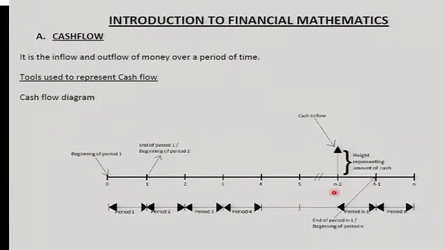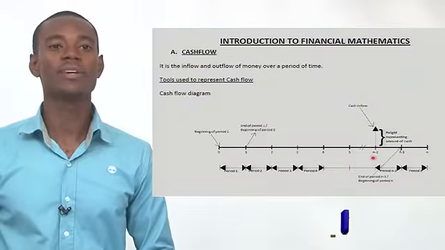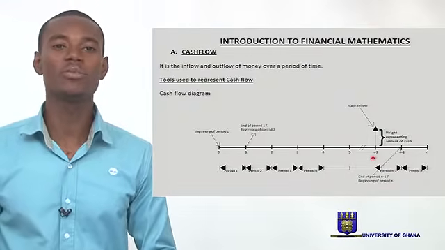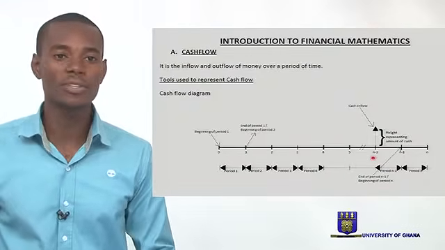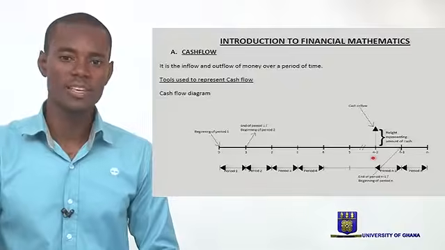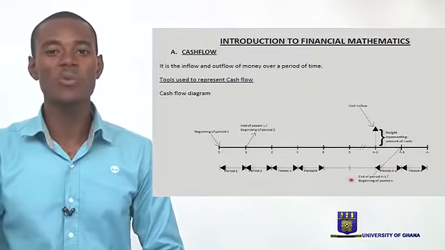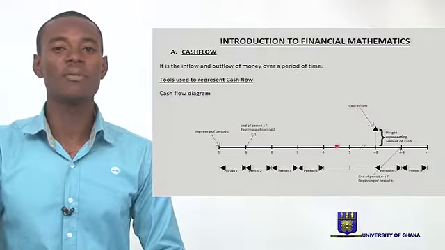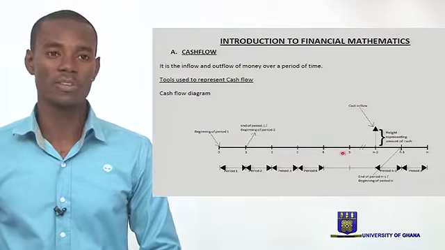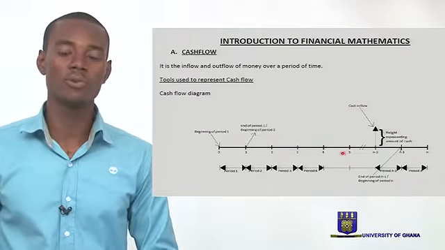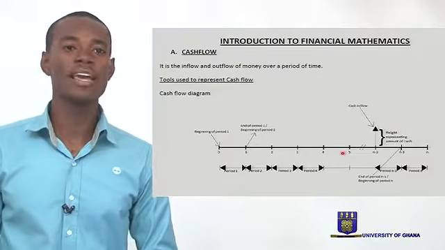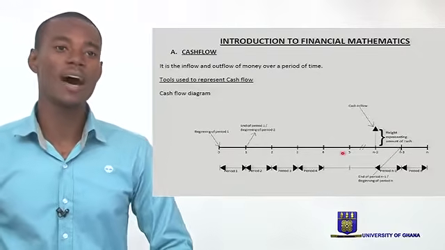It assumes that money is coming in. So an arrow pointing up represents some sum of money coming into your business, or into your account, wherever you keep your monies. And if you have an arrow pointing downwards, that represents some sum of money leaving your coffers, and we'll call that an outflow. And so arrows coming in are inflows, arrows going out are outflows.